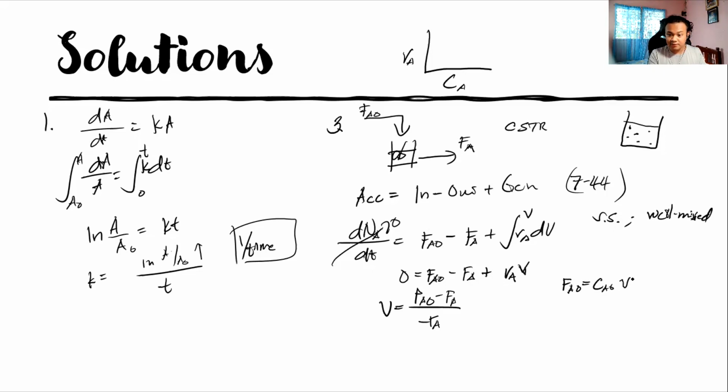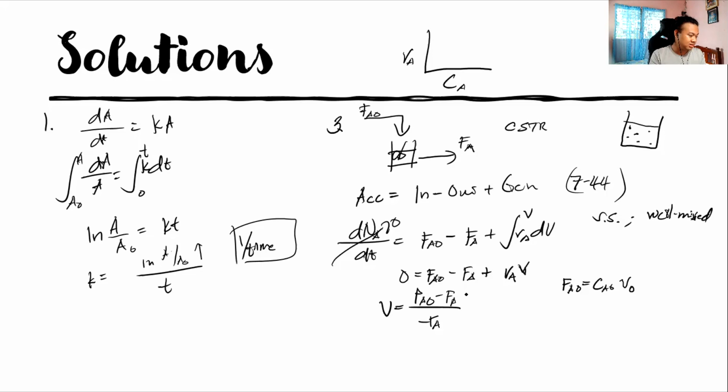Let's just name the volumetric flow rate v. So CA times v. We can actually insert this here.